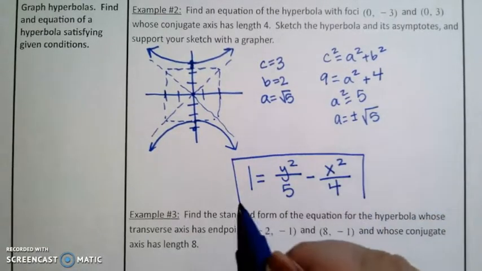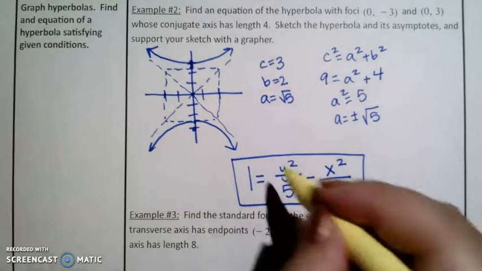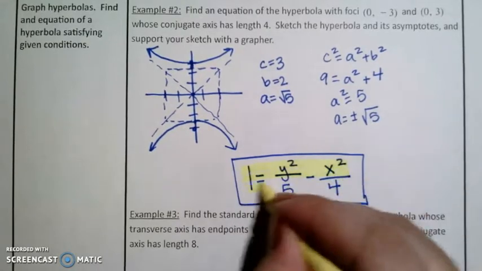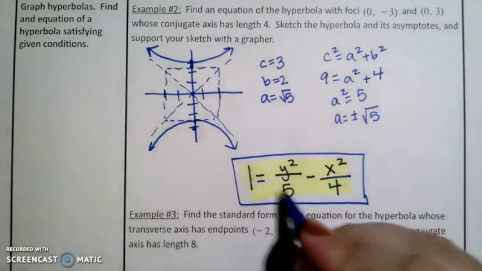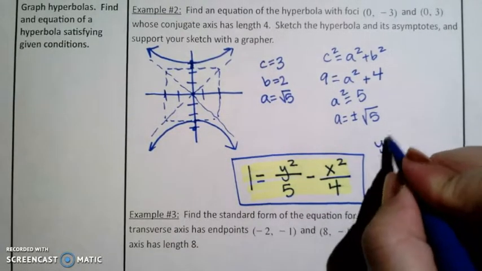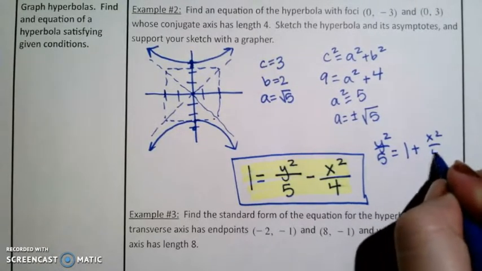There is the equation. To confirm this with our graphing utility, we have to then solve it implicitly for y. So if we're solving this implicitly for y, we're adding this to the other side. So y squared over 5 equals 1 plus x squared over 4.